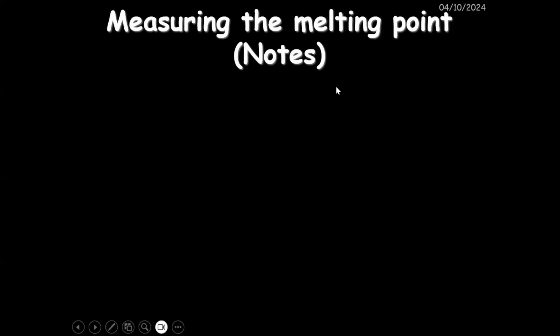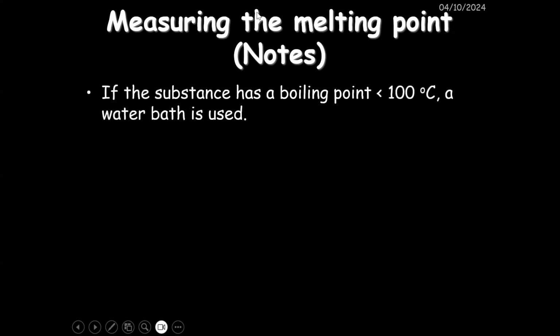So here are some notes to take into consideration for measuring the melting point. As I mentioned, the beaker will contain a liquid which can be water or oil. The choice of water or oil depends on which substance is used for our measurement.